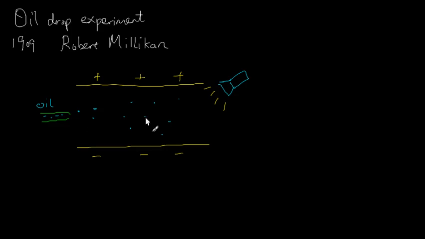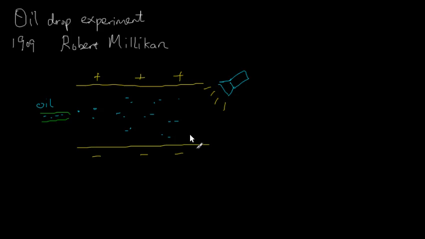And in this case, the droplets of oil can gain some negative charge. So we are hoping that the oil droplets have some negative charges attached to them, some negative electrons.